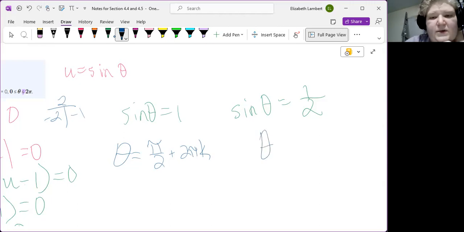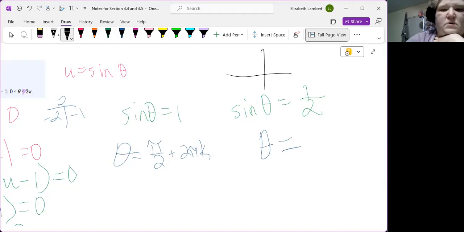And then here, where is sine 1/2? Short y is log x, that is pi over 6, and then 5 pi over 6.